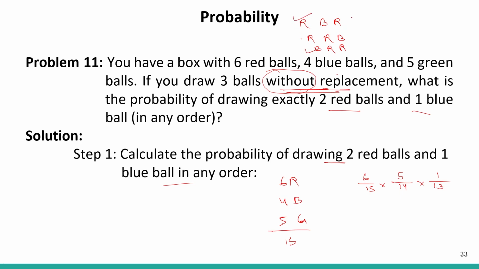So for red, blue, red, in the first slot we'll have 6 by 15 as the probability, because the number of favorable outcomes is 6 and the total number of balls is 15.